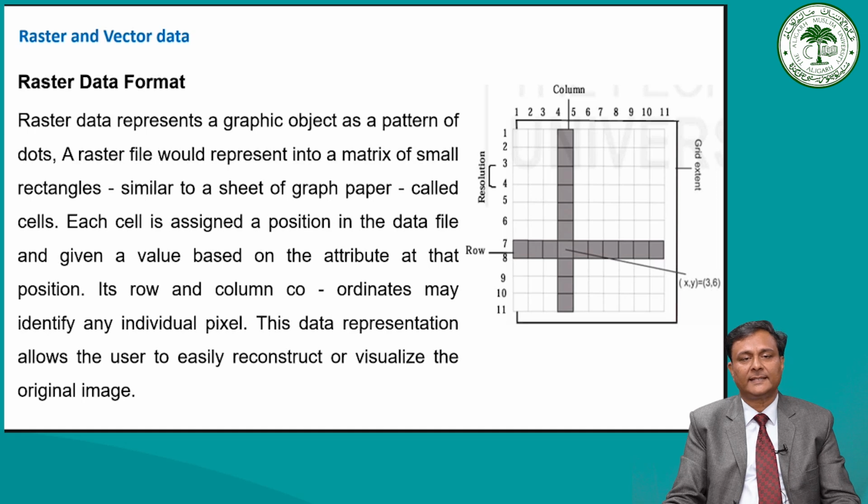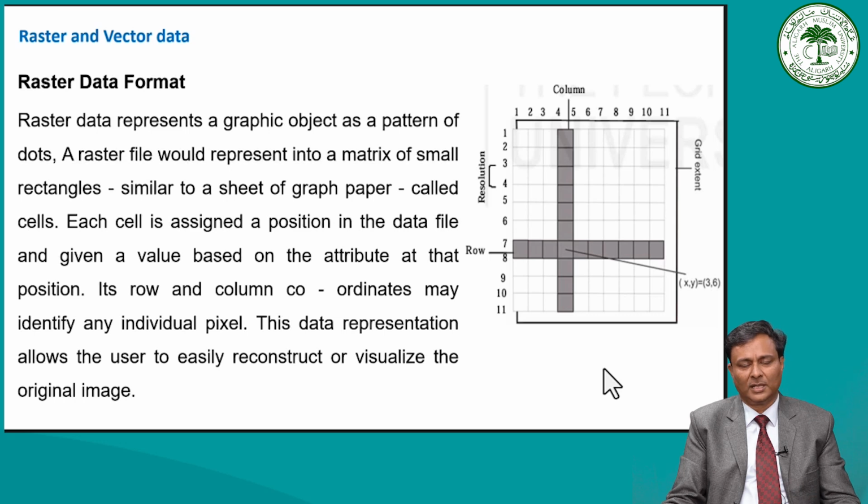Now, if you can see this image, which we will look at in detail and in enlarged form in the coming slides, you can very easily understand how the grid pixels are arranged and how the geographic realities are represented in raster format in the form of grid cells. If I can explain it more easily, these grid cells are like a graph paper.